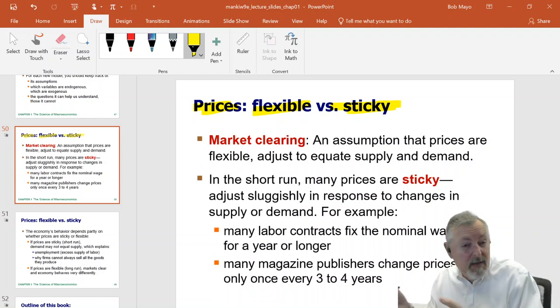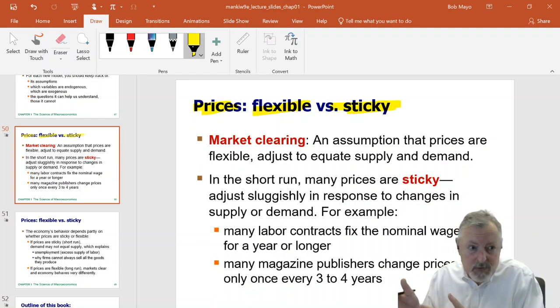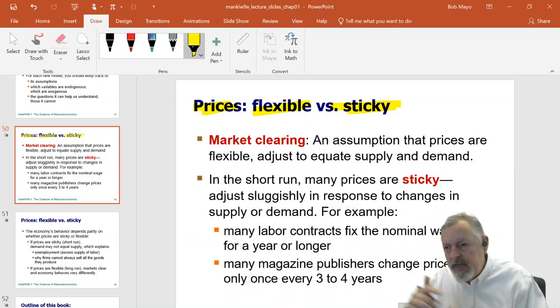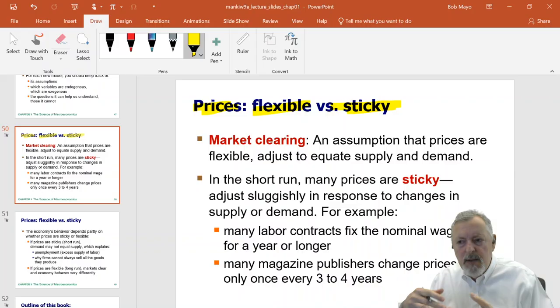More free market economic theories, generally preferred by the political right, tend to assume that prices are more flexible. They're less sticky. We use the term sticky. That when economic circumstances change, prices adjust pretty quick.